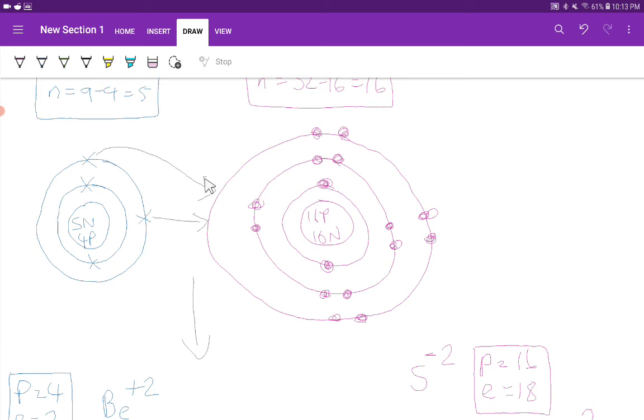In other words, there will be times when the elements will not bond one atom to another atom. Sometimes you will have more than one metal bonding with one nonmetal. Sometimes you will have one metal bonding with more than one nonmetal. And sometimes you will have multiple of the metal bonding with multiple of the nonmetal.